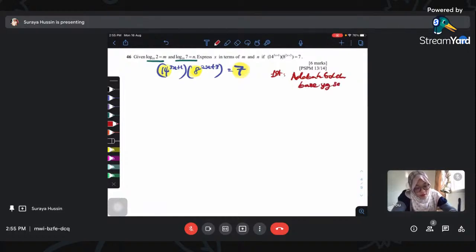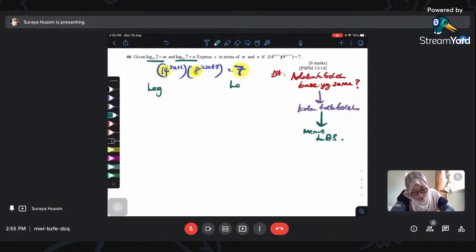Kalau tidak dapat base yang sama, means you log both sides. Itu je. Log both sides. Since dia guna 10, you gunalah 10 juga. Tapi sebenarnya 10 tu tak perlu tulis pun. Ya, log both sides at least. Thank you. Tapi nak tulis pun boleh.